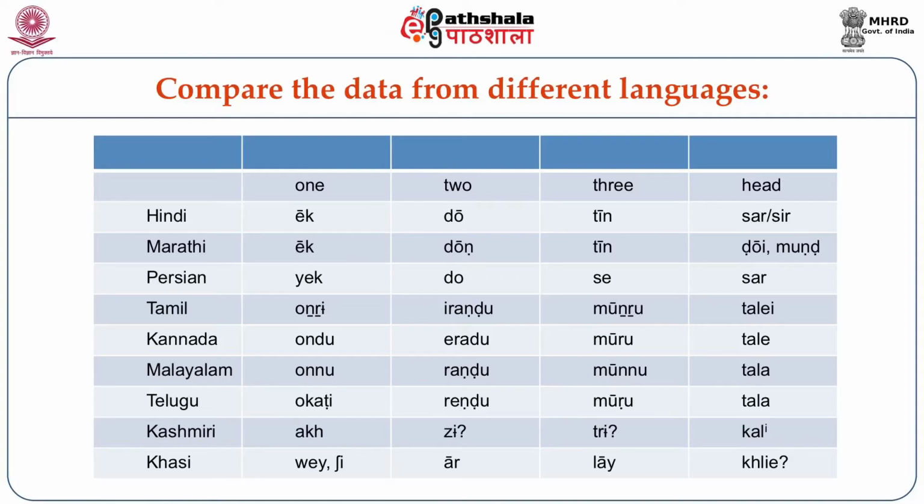Coming to the form for three, we have teen, teen. Interestingly, Kashmiri is similar now, three, but Persian seems to have a totally different form, say. However, the Dravidian languages, all of them have very similar forms. Again here, Khasi is different, it has lai.